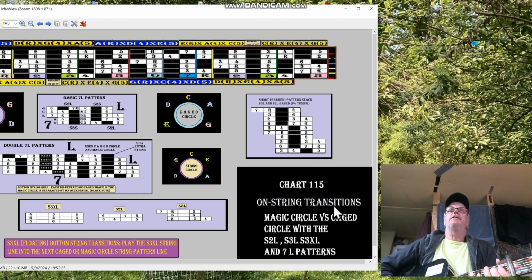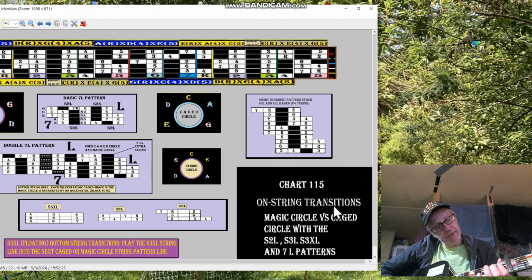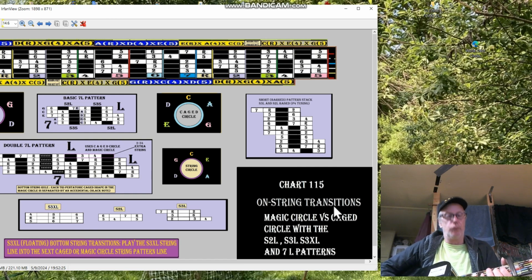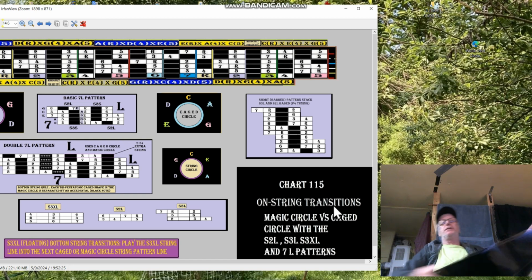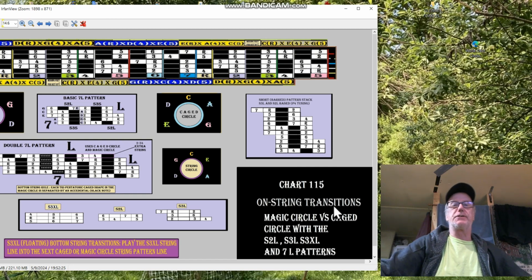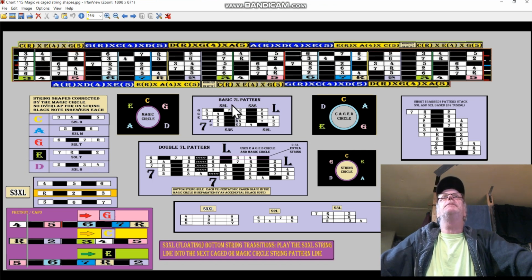These on string transitions are single string transitions, so this is now all that's going to identify something, just this little ditty. And what that is, the 7, the root, and the 2. And the 7, the root, and the 2 is characteristic of the E shape. So that's going to be the theme of the 3 charts.